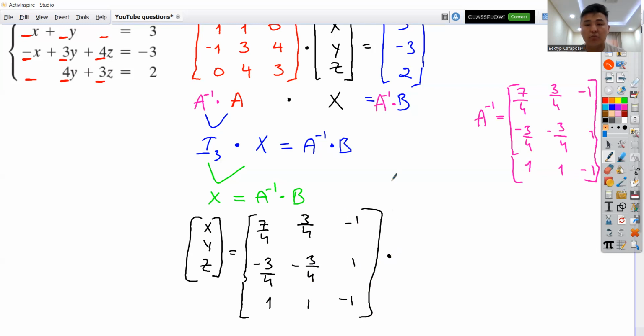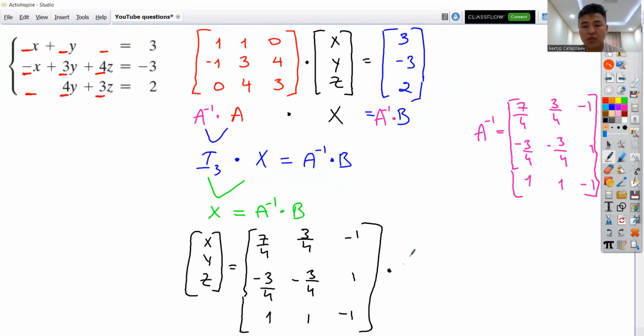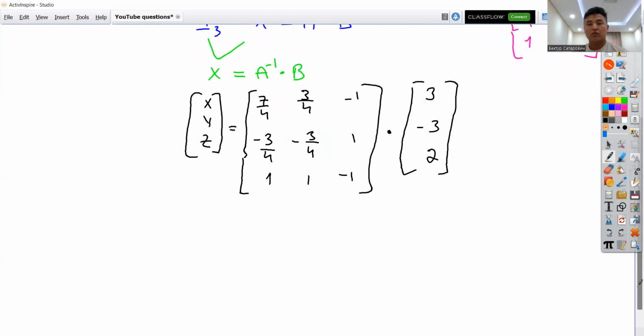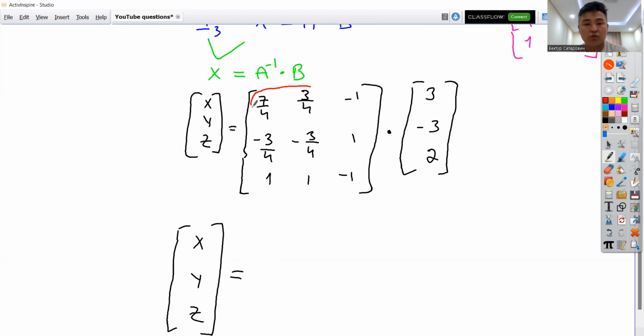Then multiplied by B, which is 3, -3, and 2. To get x, y, z, we have to multiply the first row by this column.